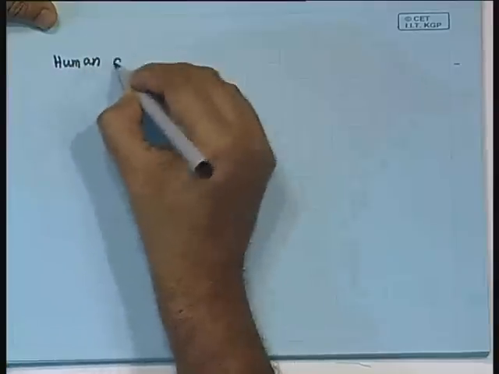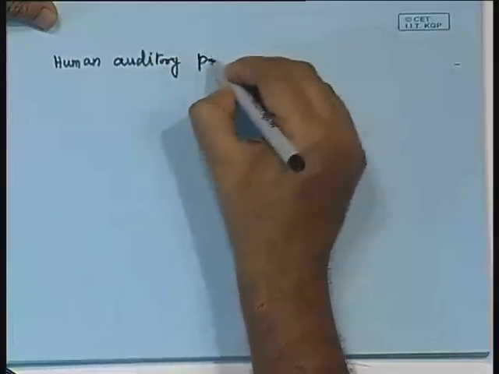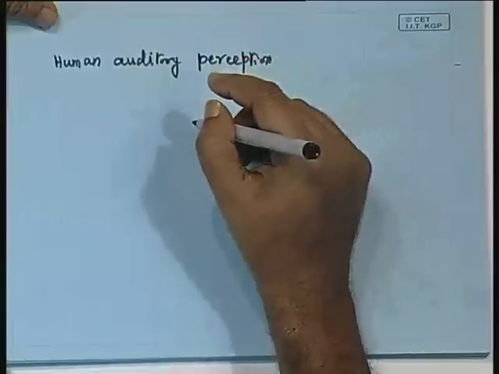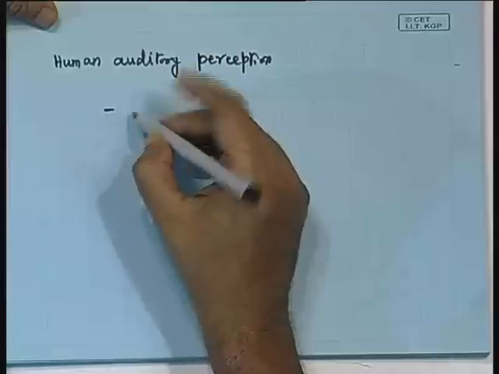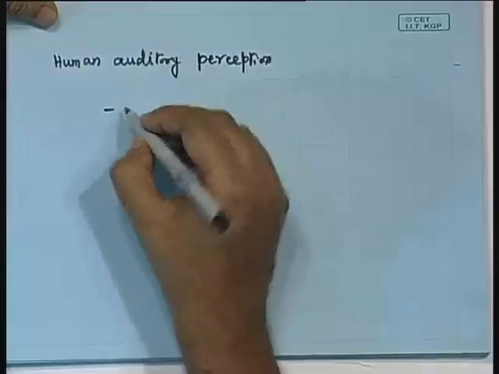Now, one of the psychoacoustic properties that one finds is that the psychoacoustic studies were first made for human auditory perception. If you follow the human auditory perception, then from the studies it has been found that the human auditory response system performs short time critical band analysis.